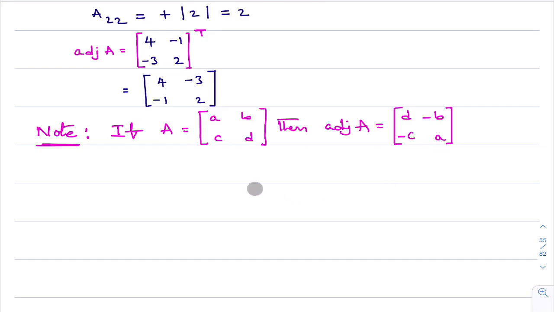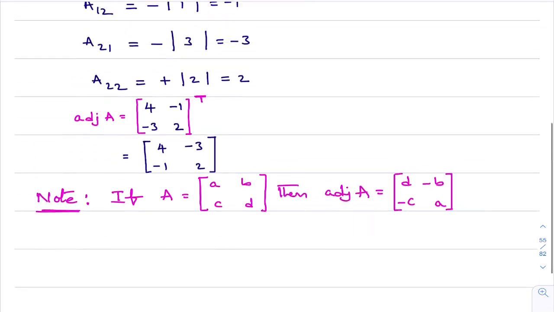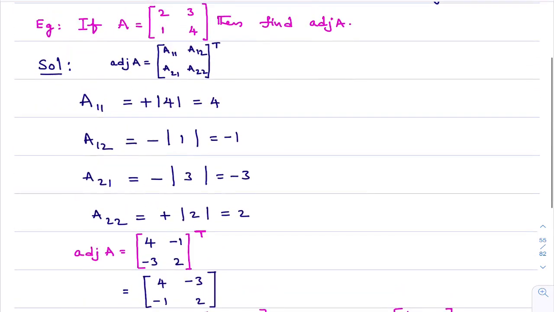In that way, for a 2 by 2 matrix, by seeing the question itself, you can directly write the adjoint of the matrix. This is not a shortcut. You can use this in PUC. This is mentioned in the NCERT textbook. Here you see this example. This is the matrix A. Now, what is adjoint A? You just interchange these two elements.